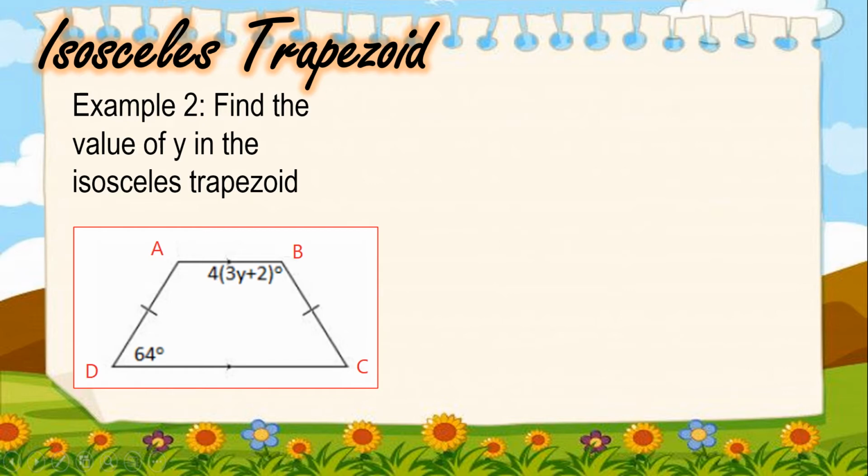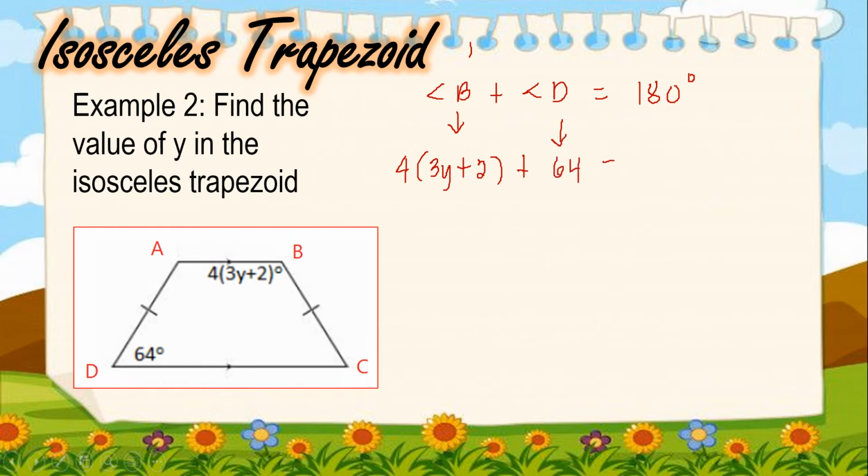We have learned that in an isosceles trapezoid, opposite angles are supplementary. Therefore, we can say that the measure of angle B plus the measure of angle D is equal to 180 degrees. It is given that angle B is equal to 4 times 3y plus 2 and angle D is equal to 64.